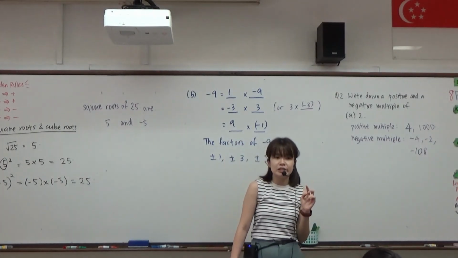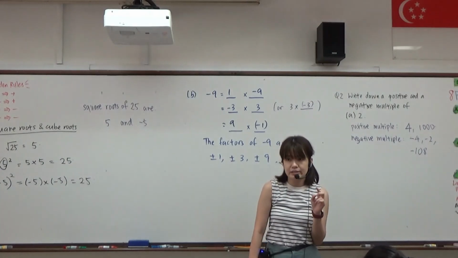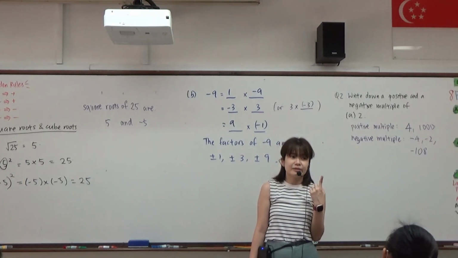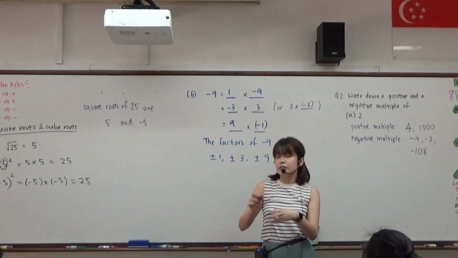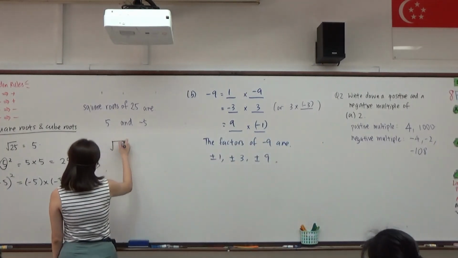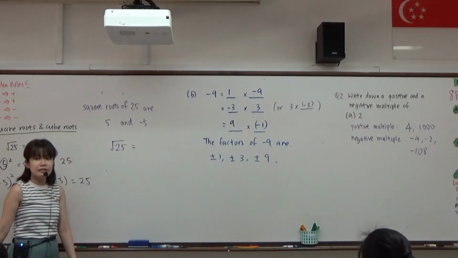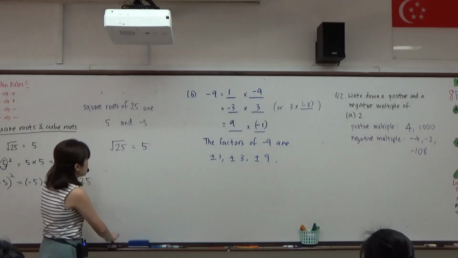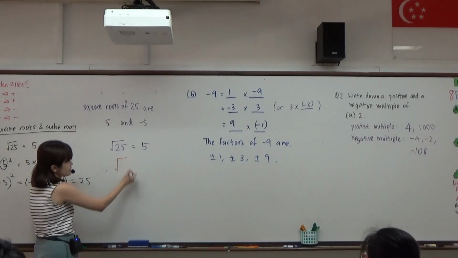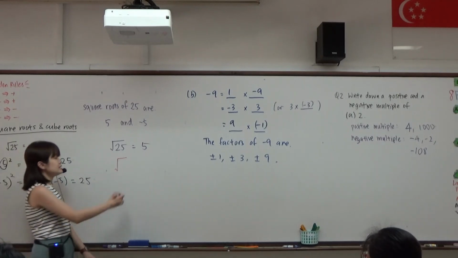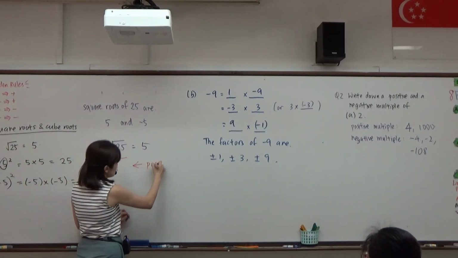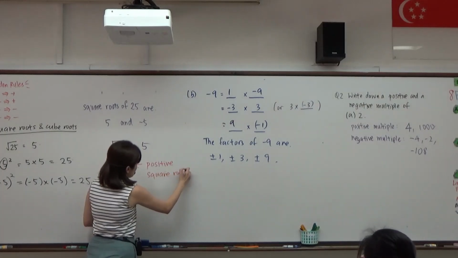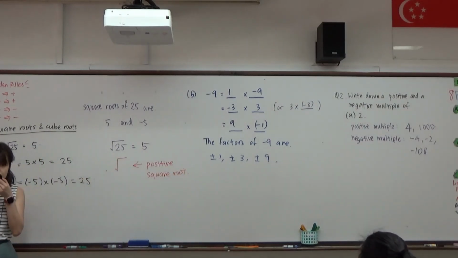Then the next question you probably have in mind is, how come my calculator only gives me one answer? Because when you press the calculator for the square root of 25, what do you get? 5, right? The answer is simple. This sign itself only represents the positive square root.